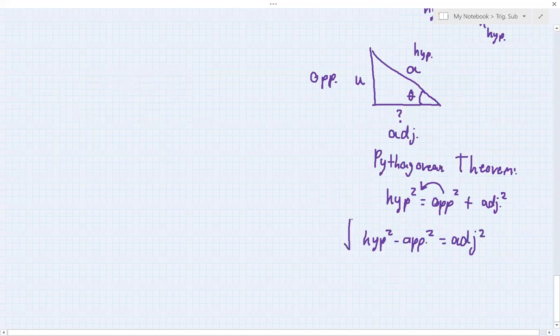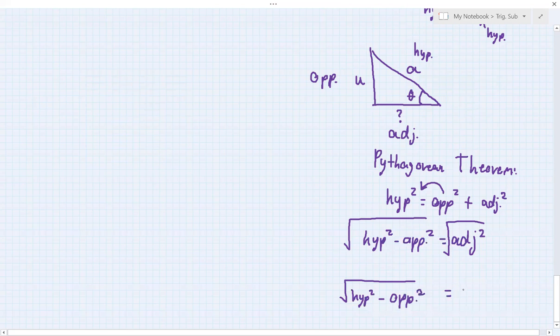So, let's square root both sides para makuha natin si adjacent. So, the square root of hypotenuse squared minus opposite squared is equal to adjacent. Ayan siya. Okay? Yun na yun.